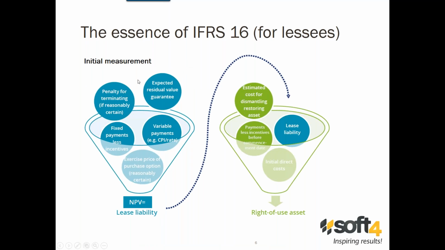Okay, now about the calculation, how those two balance sheet items are made. This is a nice picture, I borrowed it from Deloitte, but it shows very clearly the essence of the balance sheet items. On one side, you have the lease liability, which consists of your fixed lease payments plus several other components at net present value, which is pretty straightforward to calculate.